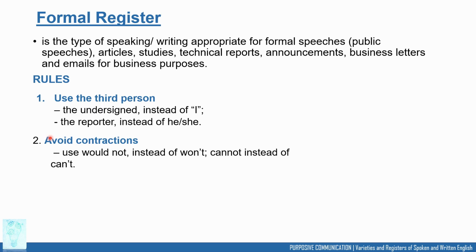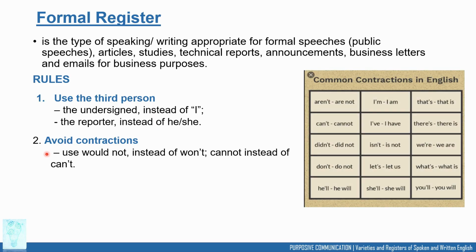So use would not instead of wouldn't, cannot instead of can't. So avoid contractions. Dili mo i-shorten ang word. These are the common contractions in English: aren't for are not, can't for cannot. So do not use contractions. Contractions are the ones with an apostrophe.